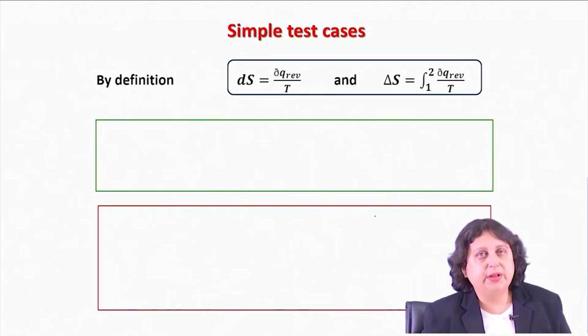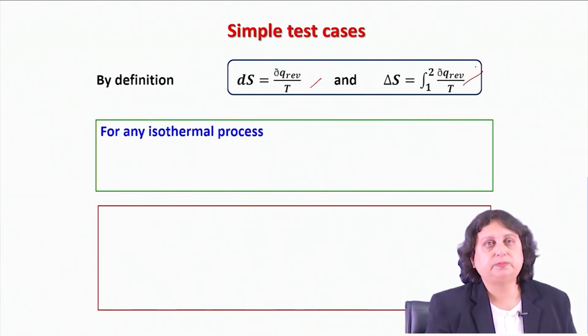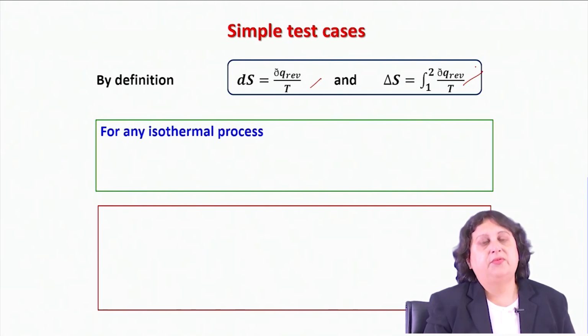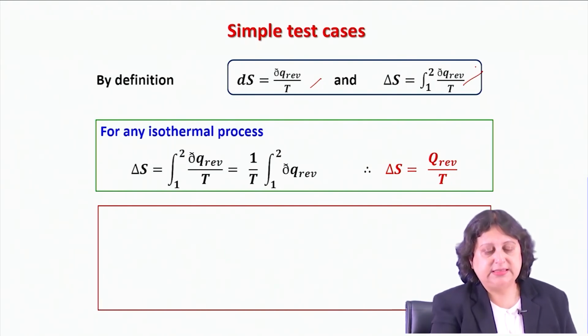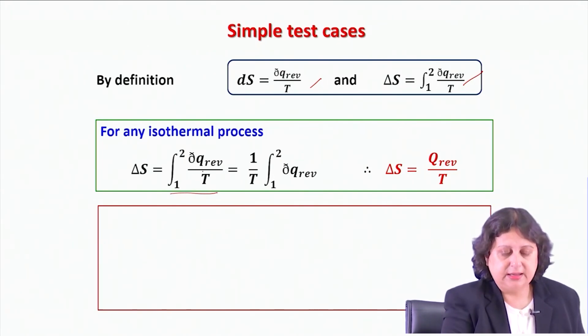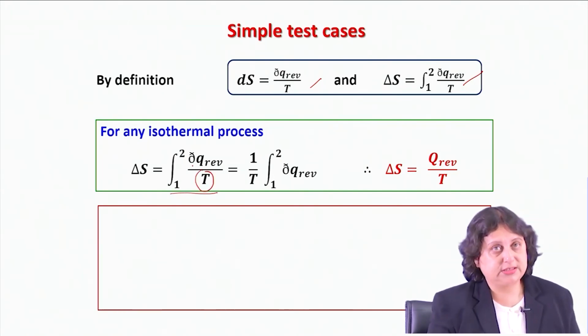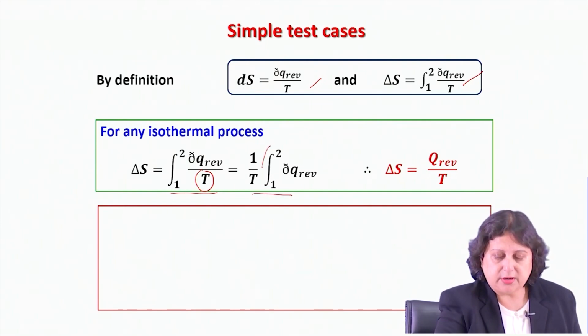Let us take some more examples by keeping in mind these two key relationships. The first is, for any isothermal process, delta S can be simplified. Since delta S by definition is this, I can take the temperature, a constant in an isothermal process, out of this integration. Now what is this quantity?